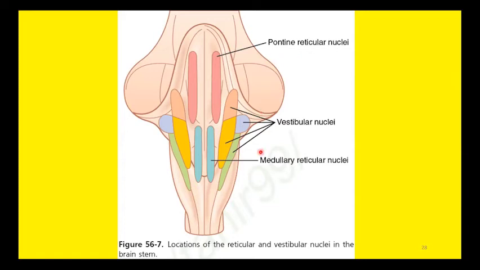Then there are reticular nuclei at the level of medulla, hence known as medullary reticular nuclei. So the collective terminology for these pontine and medullary reticular nuclei in the brainstem is reticular formation. Since the source of origin is this reticular formation, the tract is known as reticulospinal tract. The origin is from the brainstem, the reticular nuclei, and then they descend down towards the spinal cord.